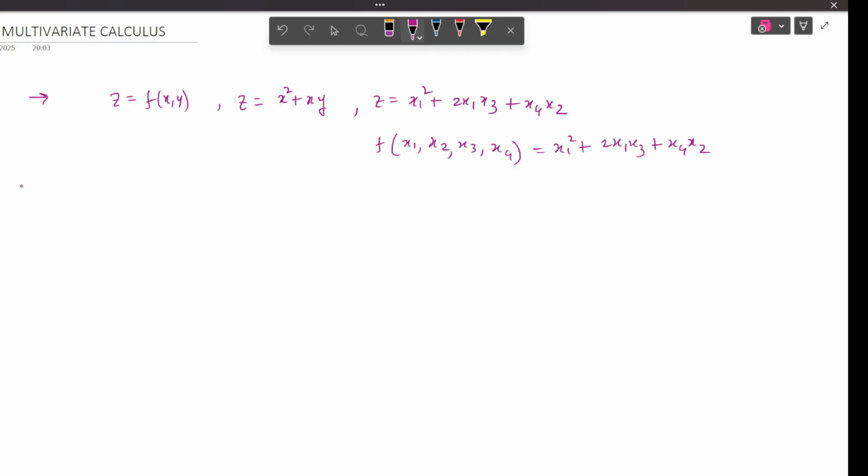So let us first see what is the geometrical interpretation of a function of two variables.